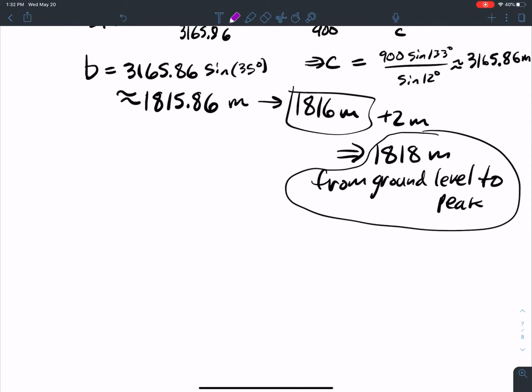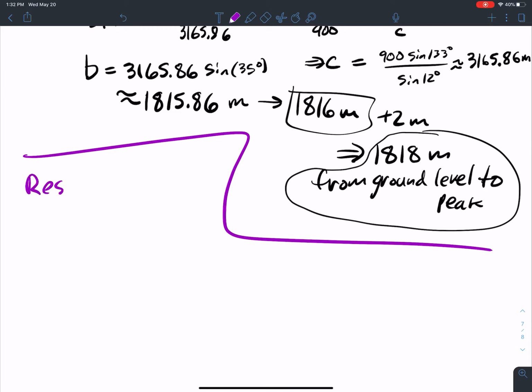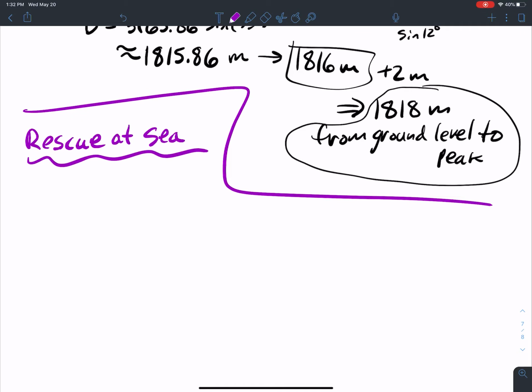All right, let's do one more. So we've got rescue at sea. Coast Guard Station Zulu is located 120 miles due west of Station X-Ray. A ship at sea sends an SOS call that is received by each station.